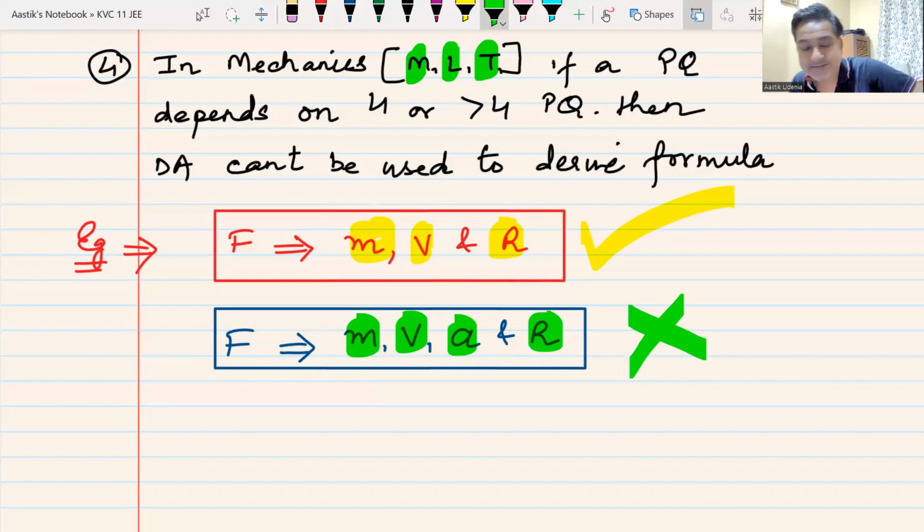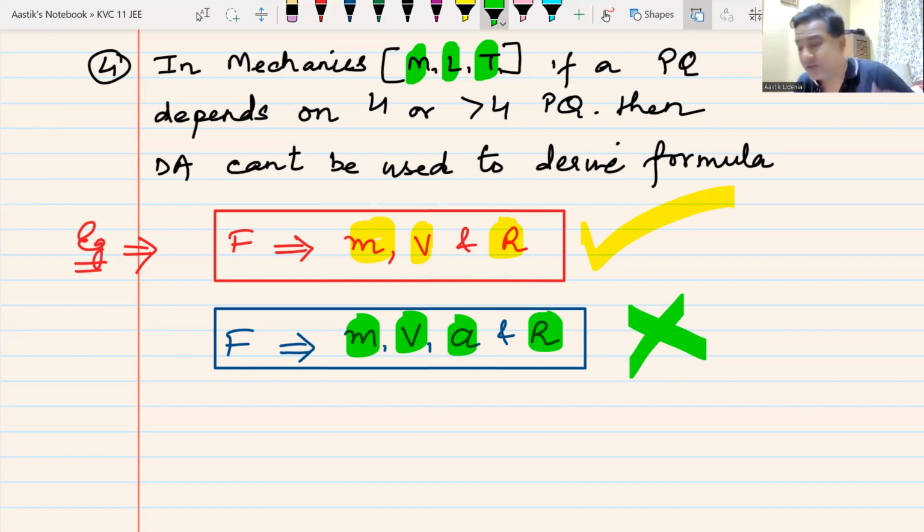Do we understand this? So dimensional analysis is limited when we have more than three quantities appearing in the equation, because we only will have three equations.